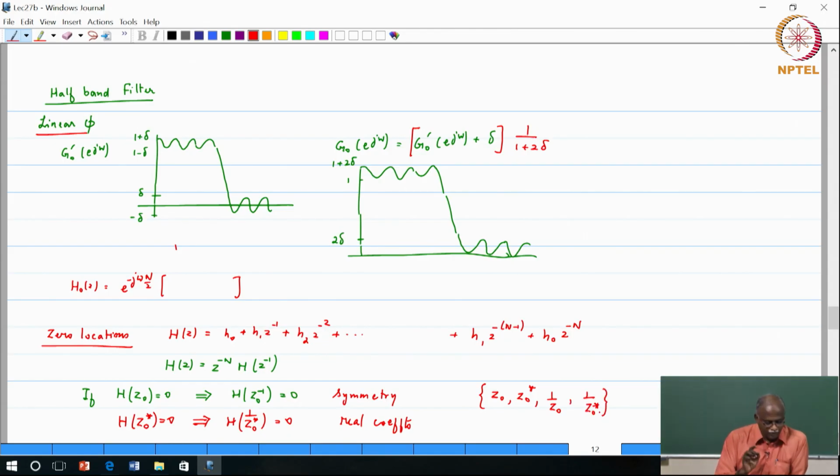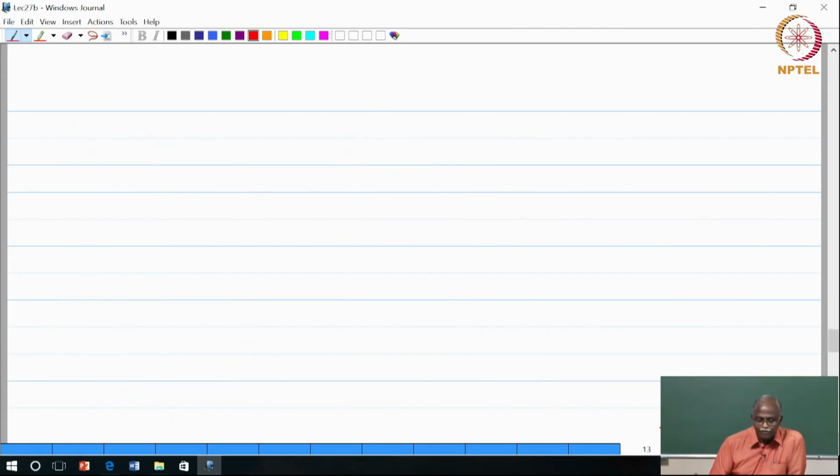This is something you already are familiar with. I just wanted to refresh your memory on this particular result. So, if I were to plot the zeros of a linear phase polynomial or linear phase filter, they would look something of this type. Okay.